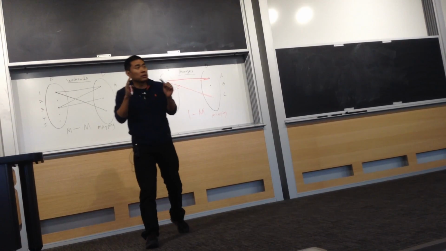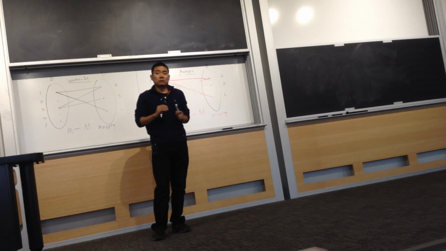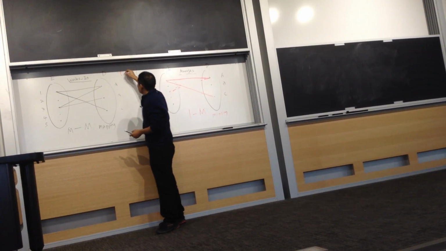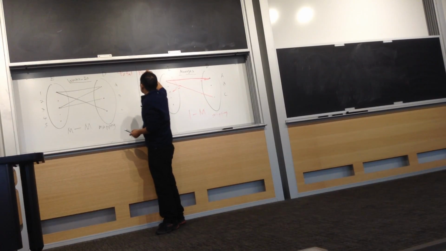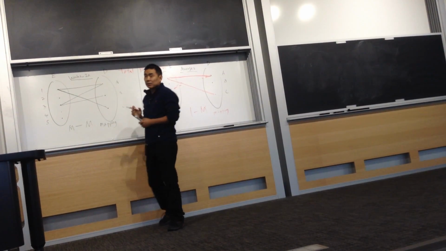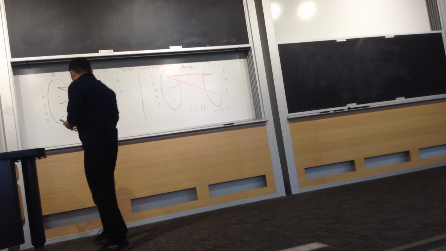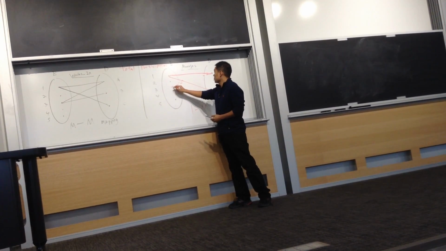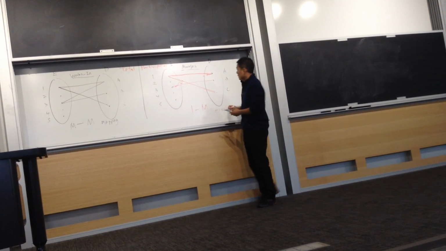So how do you enforce that constraint? This is something called total participation, right? In other words, suppose I want to enforce this.